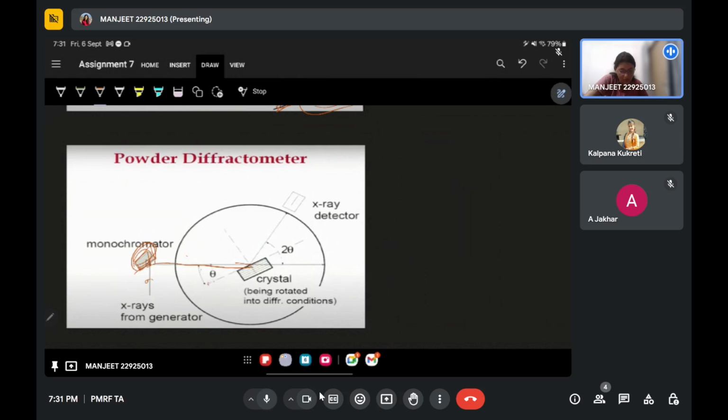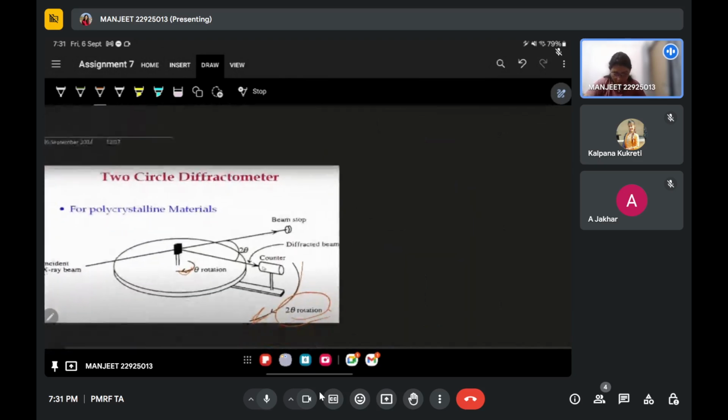For the different theta, we get the diffraction pattern at the 2 theta angle. As we rotate, theta keeps changing, the diffracted angle 2 theta also keeps changing, and we get the diffraction pattern corresponding to each angle of incidence. So this is for powder diffraction.